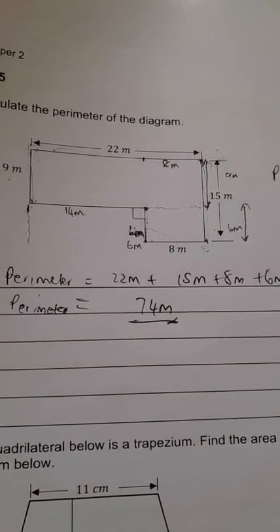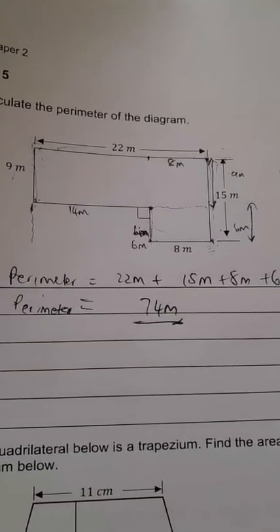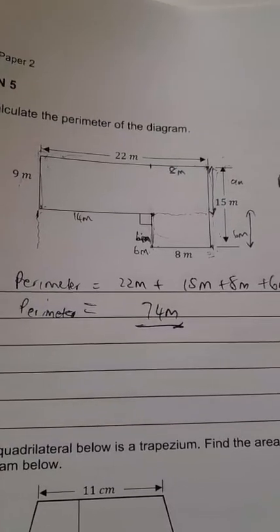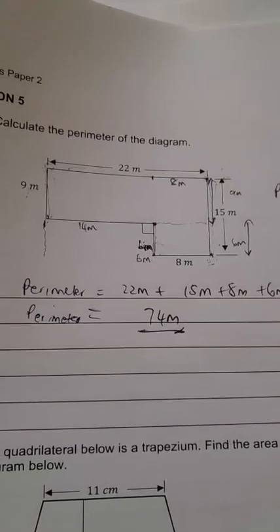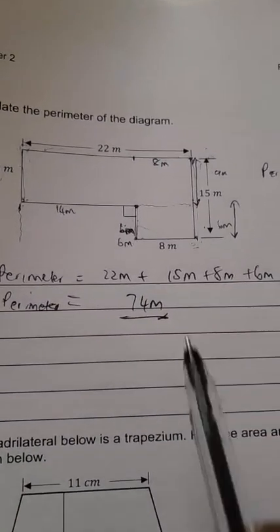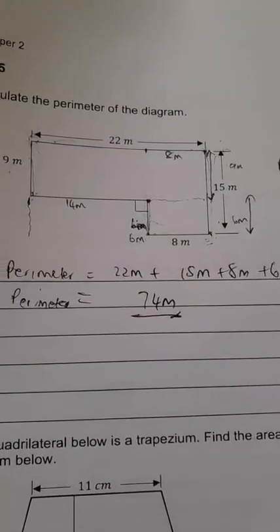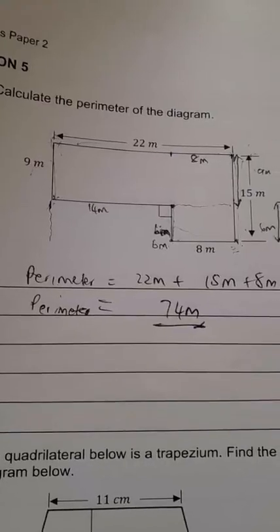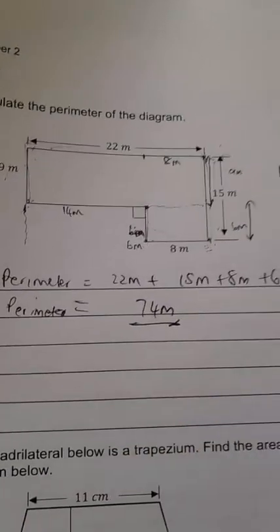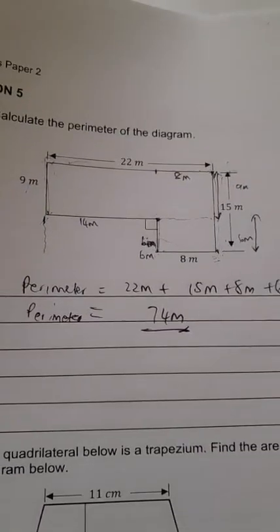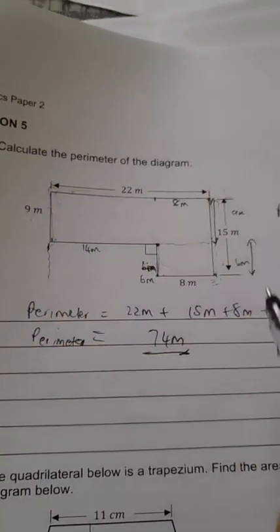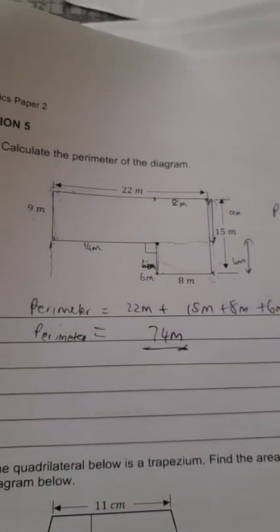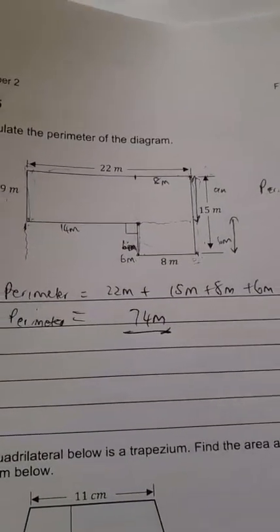So you are measuring distance. It can either be in centimeters, it can be in millimeters, it can be in kilometers, it can be in units. So please don't write 74 meters squared. If you write that, guys, then it means you are confusing two concepts together. This is 74 meters. We are measuring. It's like you measuring from here to here. All right? It is 74 meters.